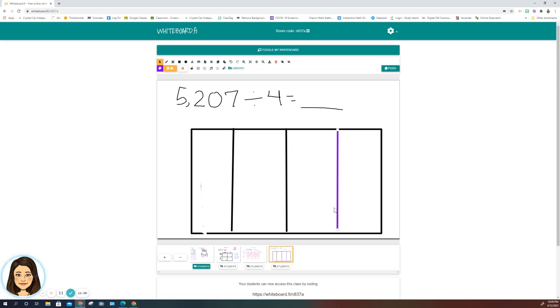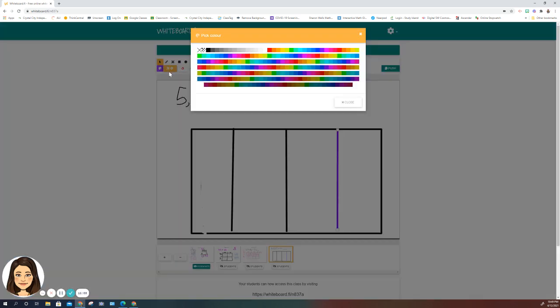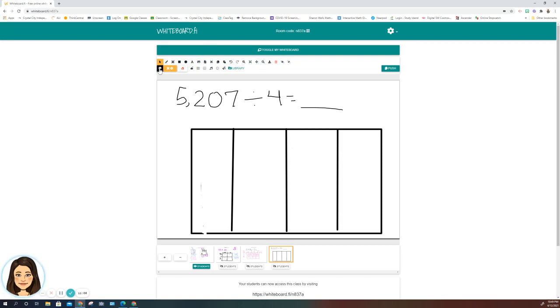And here is my box, and we're going to write 5,207 divided by 4. And again, my steps are divide, multiply, subtract, and then you're going to bring up.